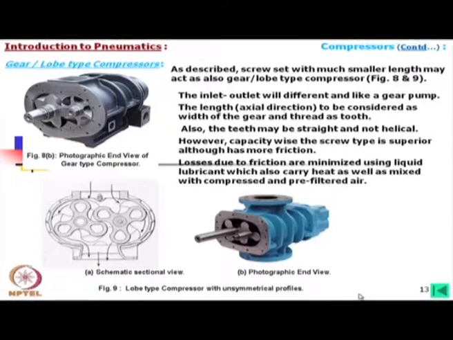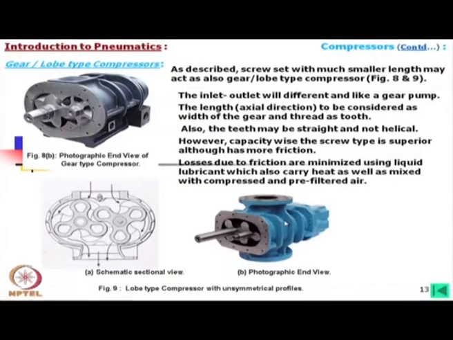Losses due to friction are minimized using liquid lubricant, which also carries heat as well as mixes with the compressed and pre-filtered air. Now, in such a compressor you have to lubricate this. So, that lubricant is mixed with the air.